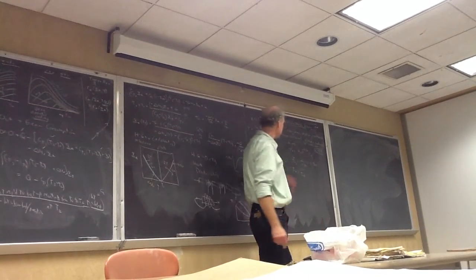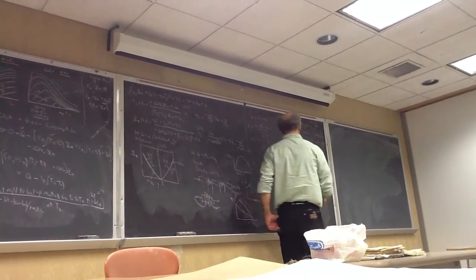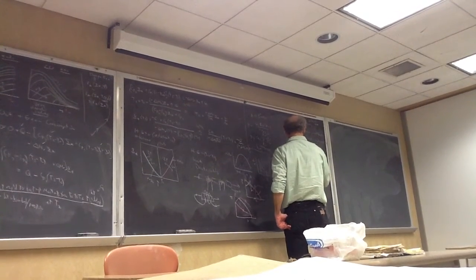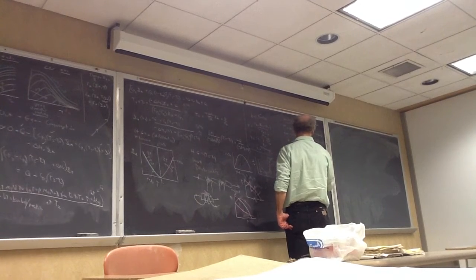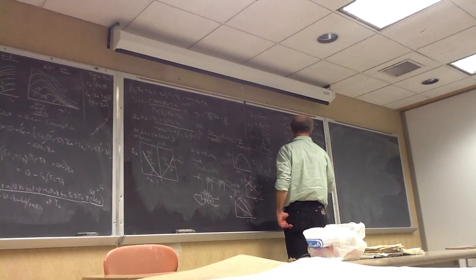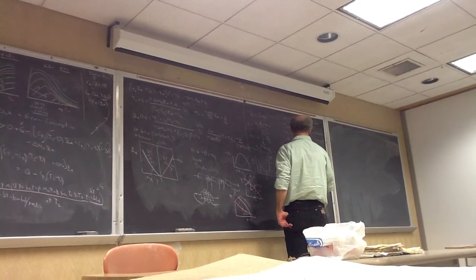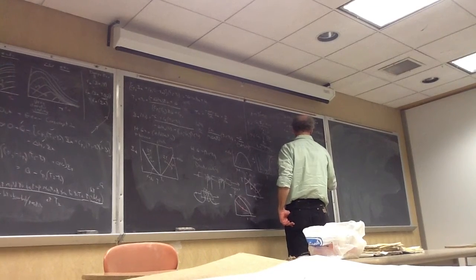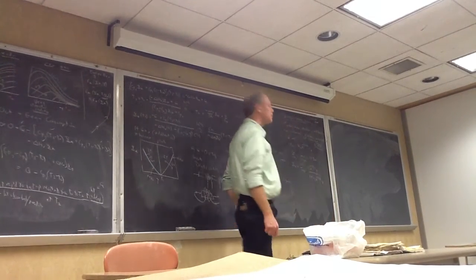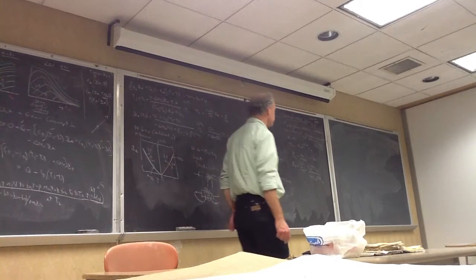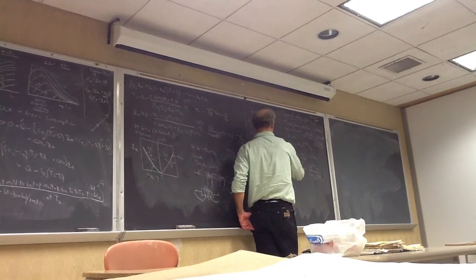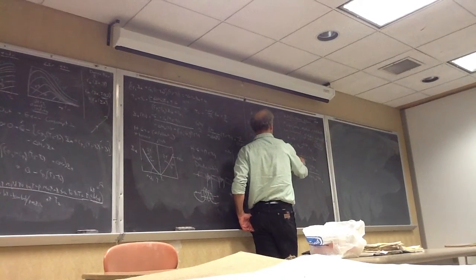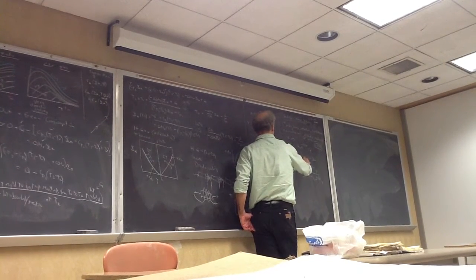So now let's plug in for the Arrhenius. This is equal to K0 e to the minus E over RT times tau over 1 plus K0 e to the minus E over RT times tau. So that's an expression for XA from the design equation, which we said is nothing more than the mass balance.